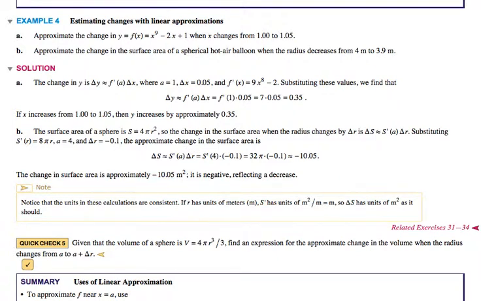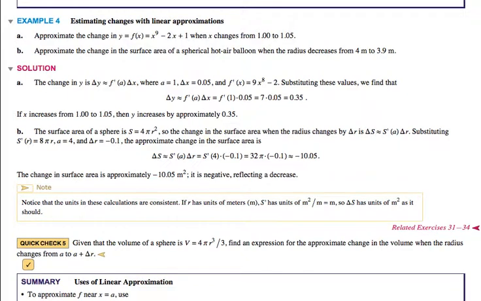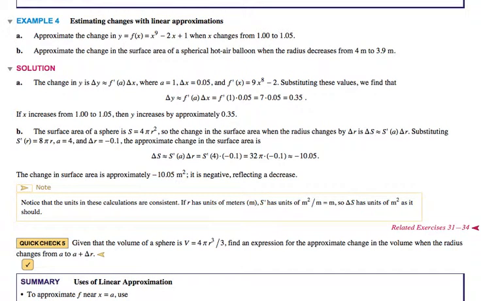So if we want to approximate the change in the function x to the 9th minus 2x plus 1, when x changes from 1 to 1.05, we say that the change in y is delta y, which is approximately the derivative at a times delta x, where a is 1, the change in x is 0.05, and the derivative is 9x to the 8th minus 2.